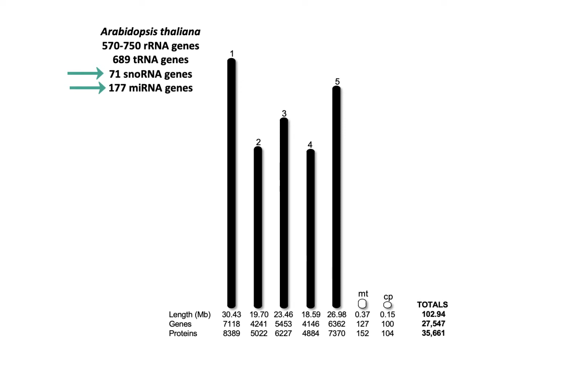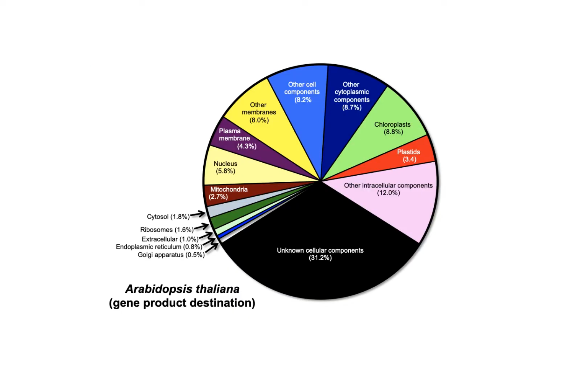So these would be in very low number in other types of organisms. But by the time you get to multicellular organisms, plants, and animals, these small RNAs really increase greatly in number.